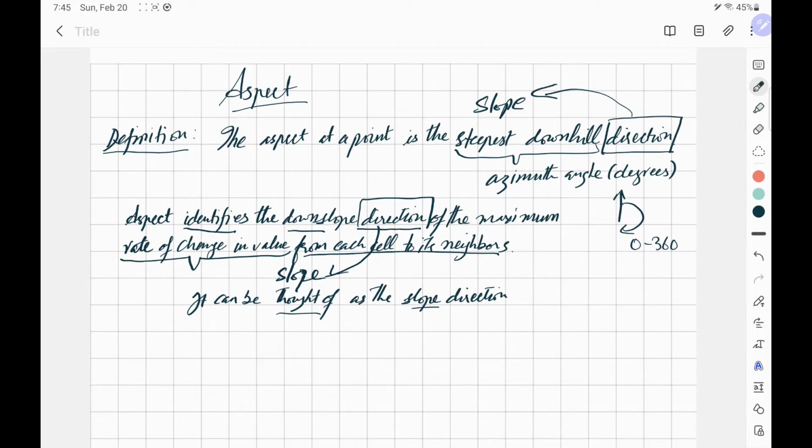This definition is now from the Spatial Analysis book by D. Smith. Let's define it.